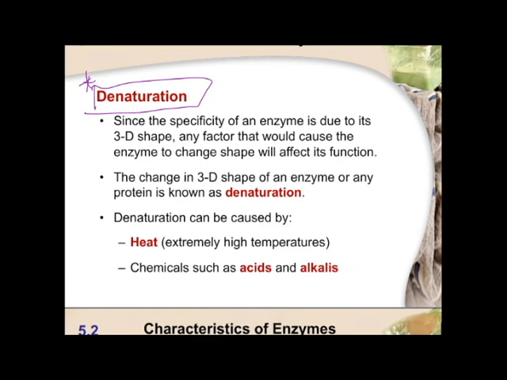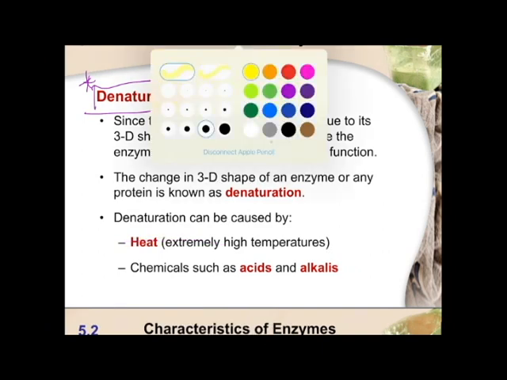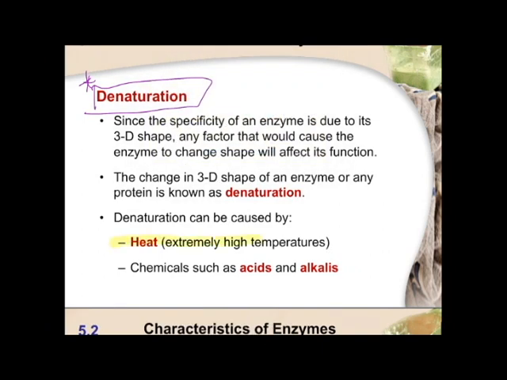So in this case, do take note that there are two factors. Extreme high temperatures of heat can lead to denaturation, and so can chemicals such as acid and alkali, which help to disrupt the shape of the active site.